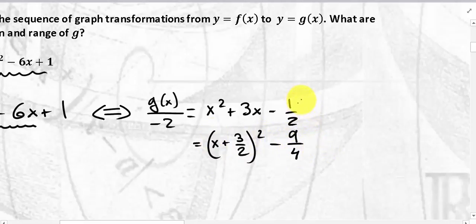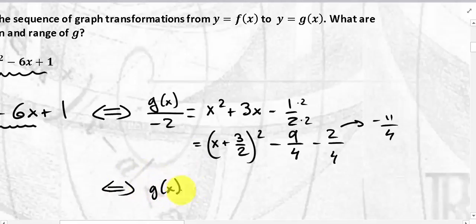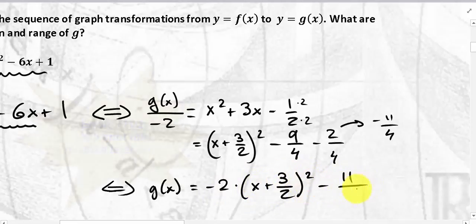So let's get the common denominator right away, minus 2/4. So this is negative 11/4. Let's get back the negative 2. So we have that g of x is equal to negative 2 times x plus 3/2 squared minus 11/4.